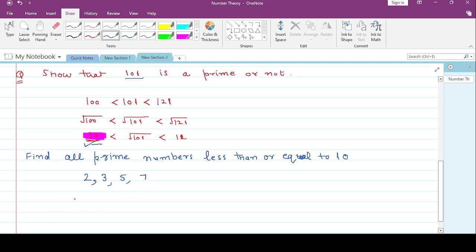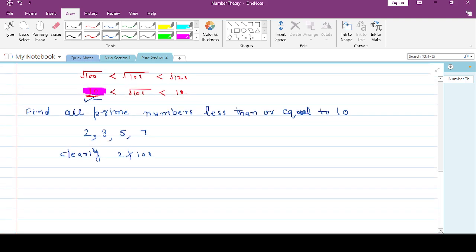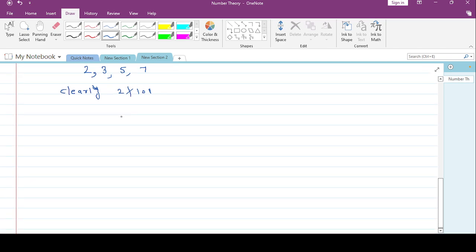So see, clearly 2 does not divide 101, because 101 is an odd number. Next you check it for 3. Does 3 divide 101? See, 3 divides a number if the sum of its digits is divisible by 3.